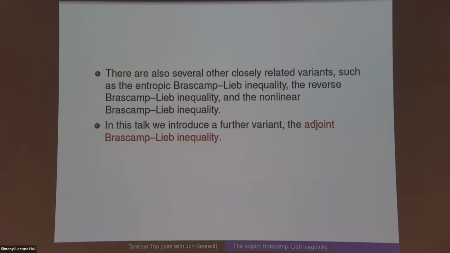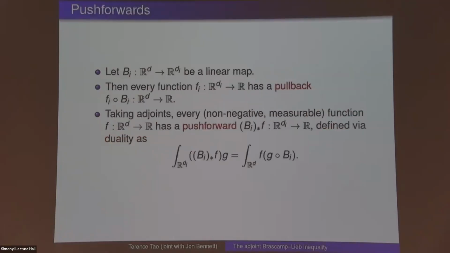So instead of starting with functions on little spaces and pulling them back to create one big function and estimating that in terms of the little functions, you can take adjoints and instead start with a single function on a high dimensional space, push it forward, take marginals, push it forward towards little spaces, and try to control a function on a big space in terms of all its marginals. So there's a whole family which is potentially useful, and we have one or two applications so far, and hopefully there'll be more.